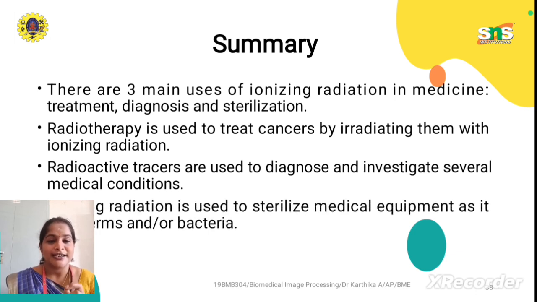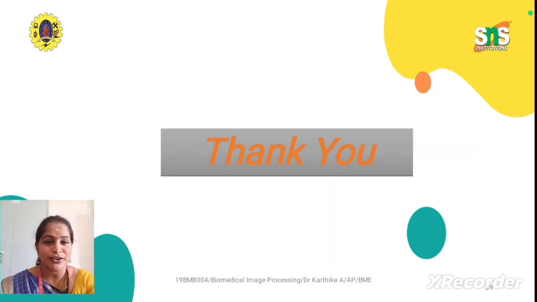Ionizing radiation sterilizes medical equipment, whether it has germs or bacteria, it doesn't matter. It is the best thing used for treating cancer, diagnosing problems of internal organs, as well as sterilization in medical applications.